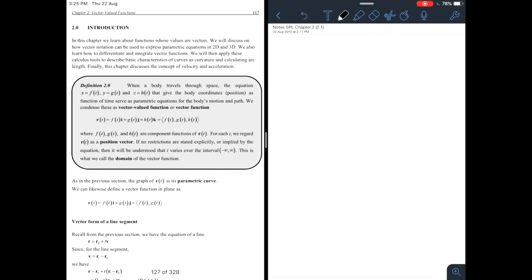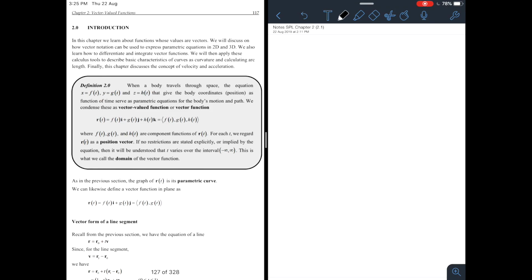But this time around, the components of the vector are no longer constant, instead some function. This is the part where we try to define what we mean by the term vector valued function.